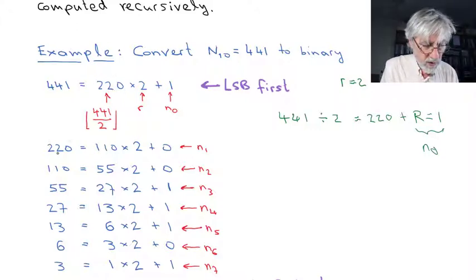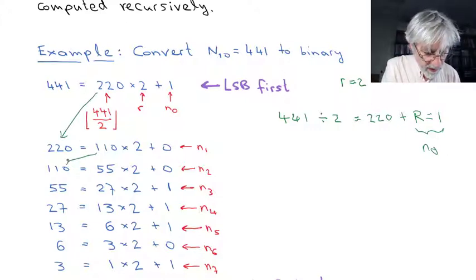So we take 220 and divide it by 2. That gives us just 110 plus a remainder of 0, and that remainder of 0 is n1. Then we take 110, so we basically go here diagonally with those numbers. 110 now becomes the new number which we divide by 2.